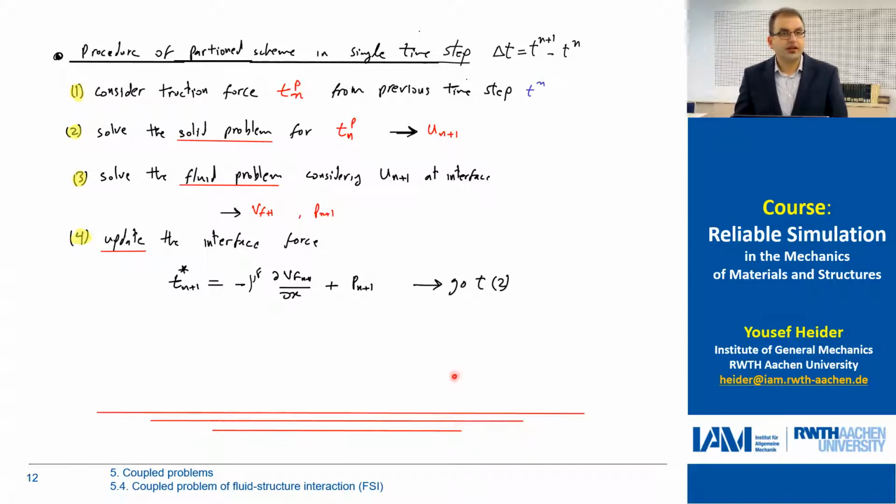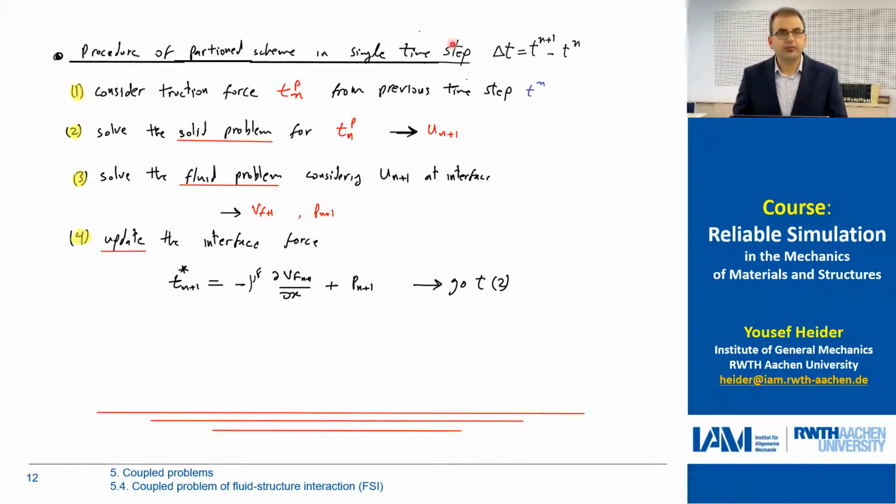Now, the procedure to solve this surface coupled problem. This is a general description. If you go into details, you'll find a lot of specifications, and each software may solve this in some modified way. But this is a general description.